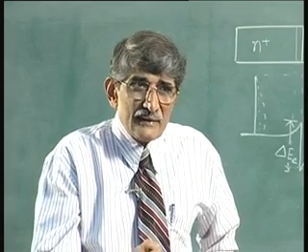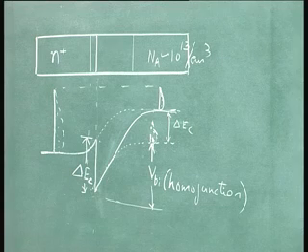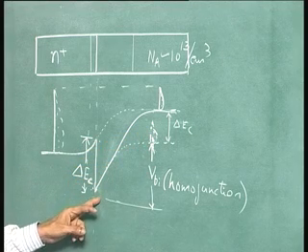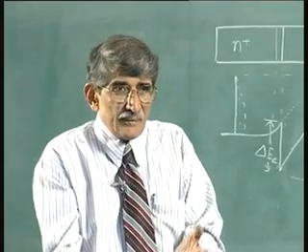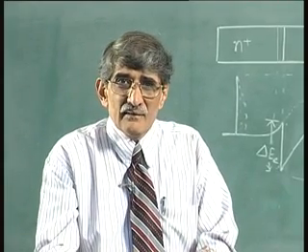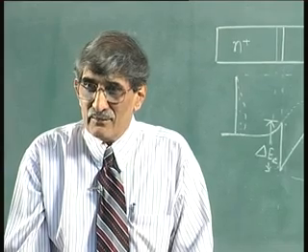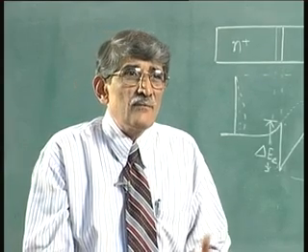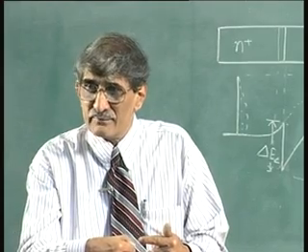Okay. Now, you can visualize, once the band bending is more, what happens to the electron concentration here. If you recall, in the case of MOSFET, if the band bending keeps on increasing, it gets inverted on the surface. So, in the case of a homojunction, at the junction it is close to the intrinsic point.